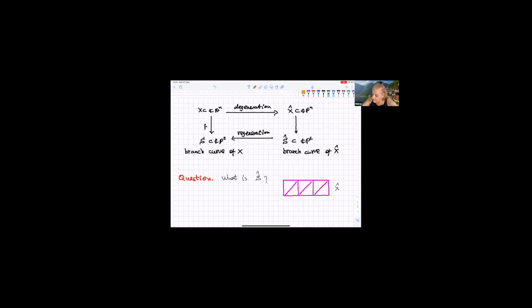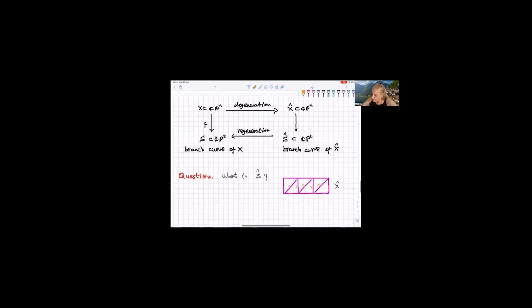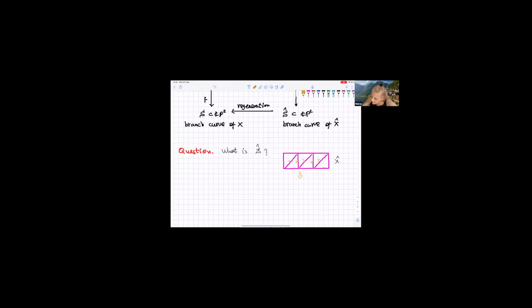And I enumerate here the intersecting edges 1, 2, 3, 4, and 5. And what is actually S hat? S hat is the union of these images of the above edges.